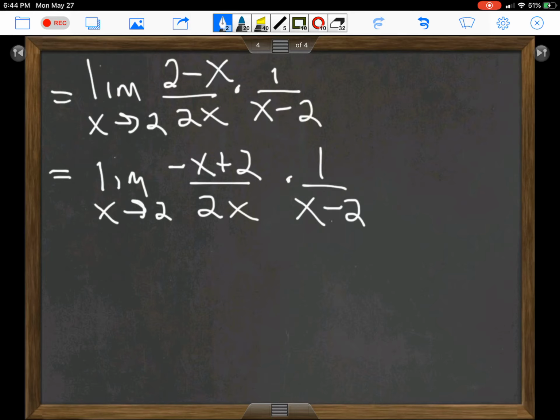We can't divide by 0, but this here would be a 4, and this would end up giving us a 0. So we still cannot solve this problem in this form. But there is something interesting that we can do. The limit as x approaches 2, I'm going to factor out a minus sign, and look at what I'm left with.